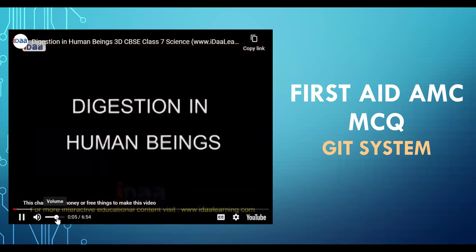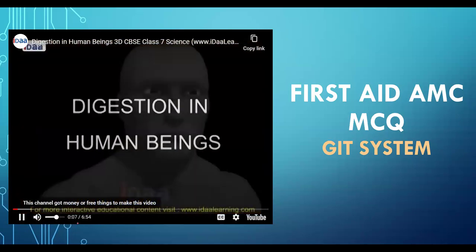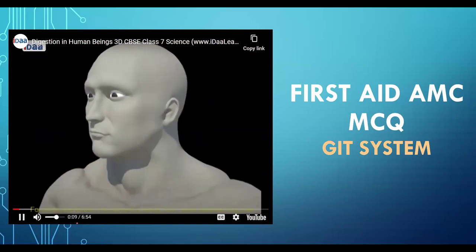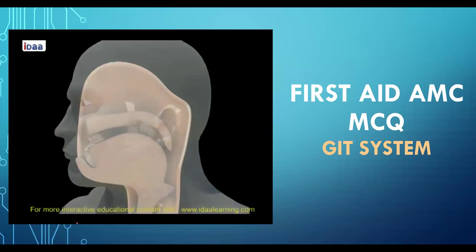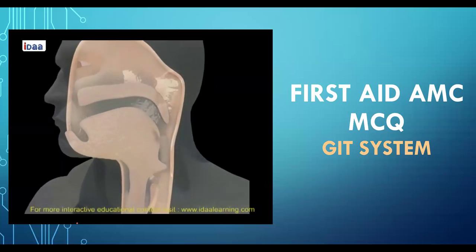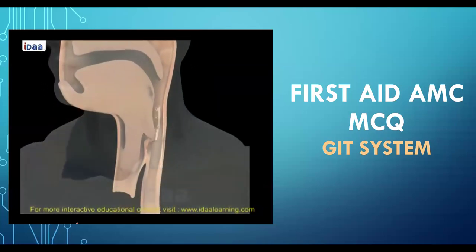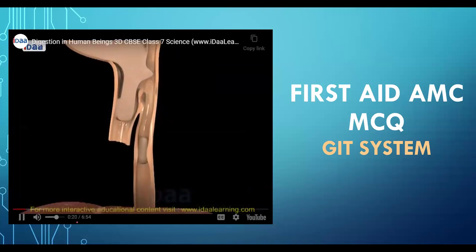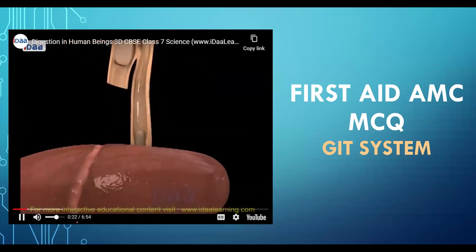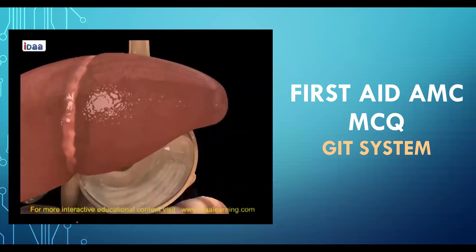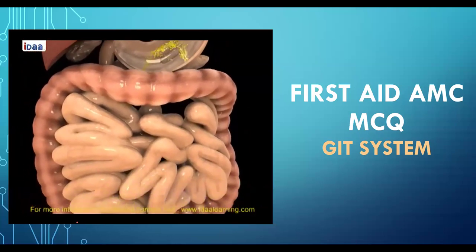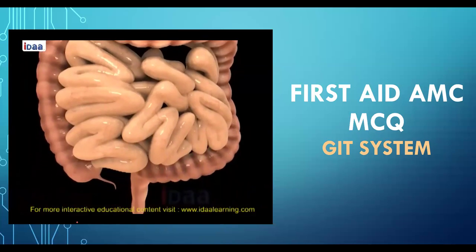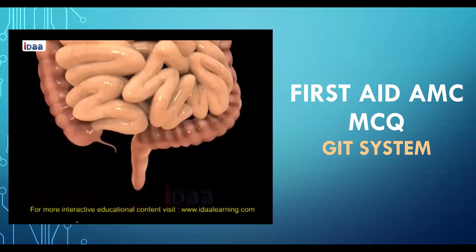Digestion in human beings. Human beings take food through mouth and digest it in specific organs for digestion. The undigested food is defecated. The food we take passes through a specific canal which begins with buccal cavity and ends at the anus. This canal is called alimentary canal or the digestive tract.